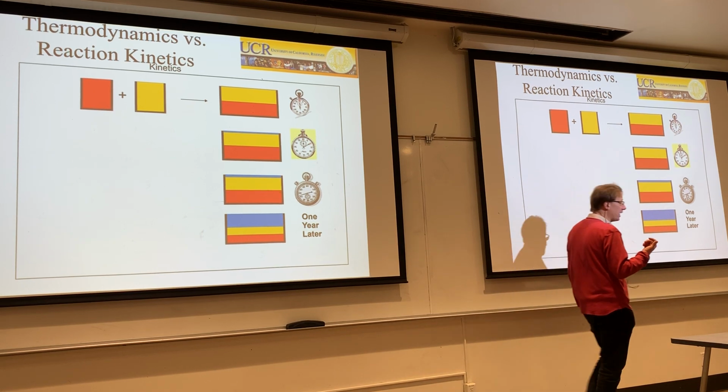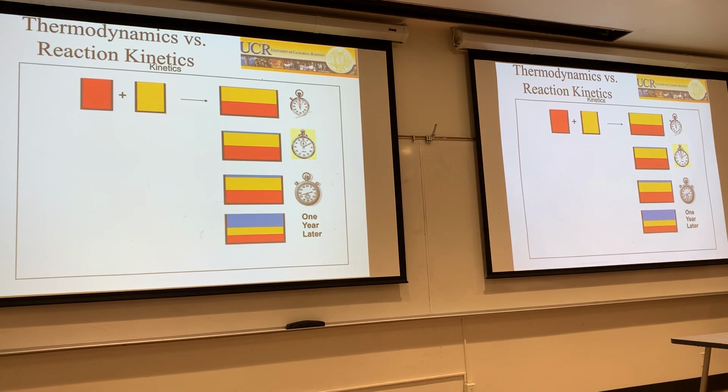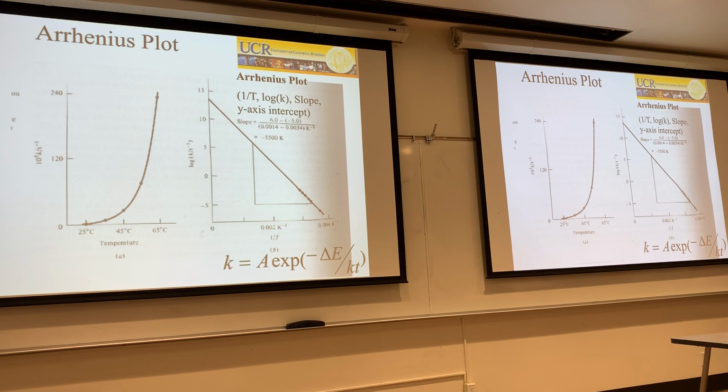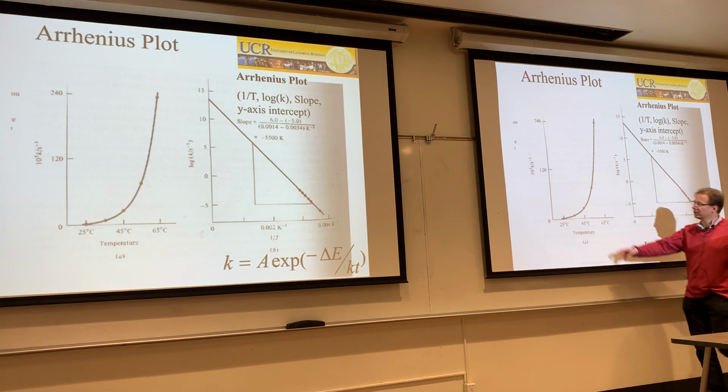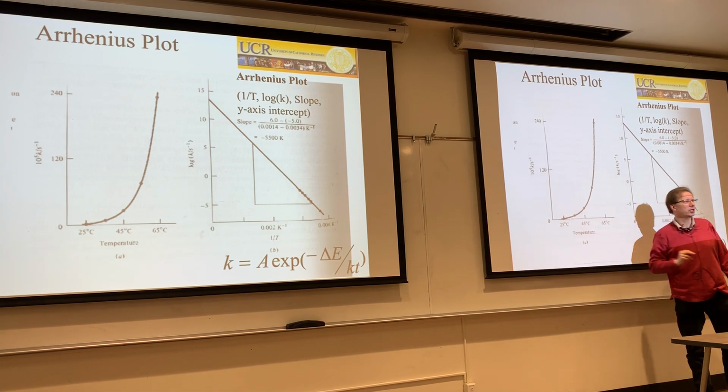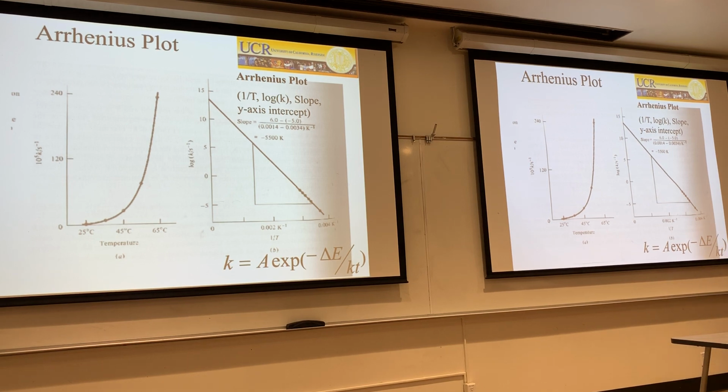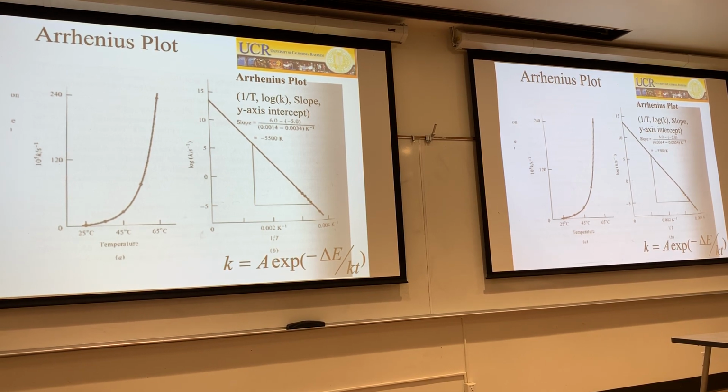Now, can you speed up that process? Sure, you can speed up that process. We've seen that over here. Speed up the process, get the rate constant up, just increase the temperature. Put a match to it, higher temperature, the cellulose will convert very quickly into CO2 and water. But at room temperature, it doesn't.